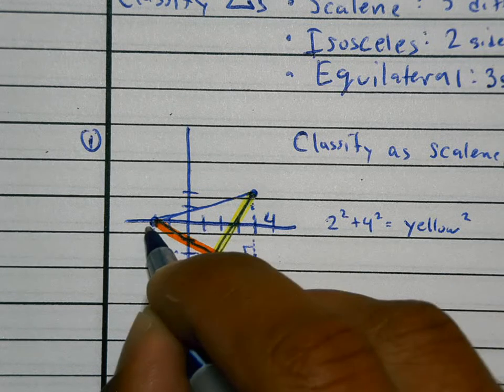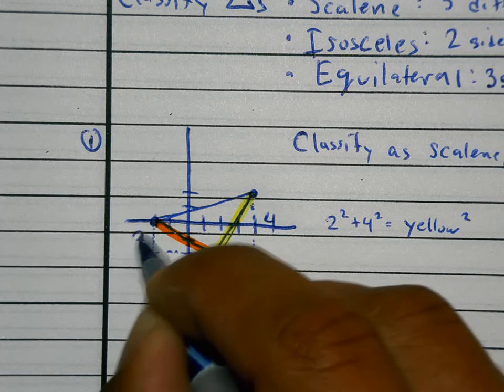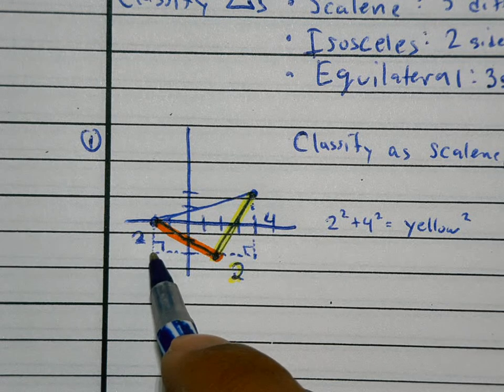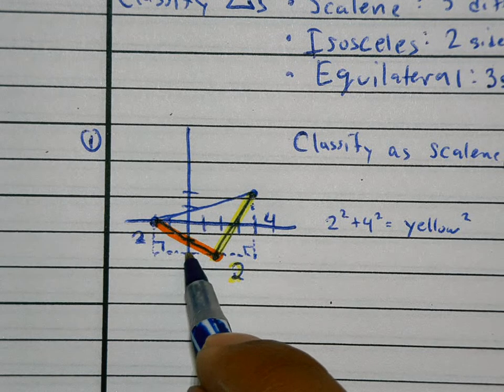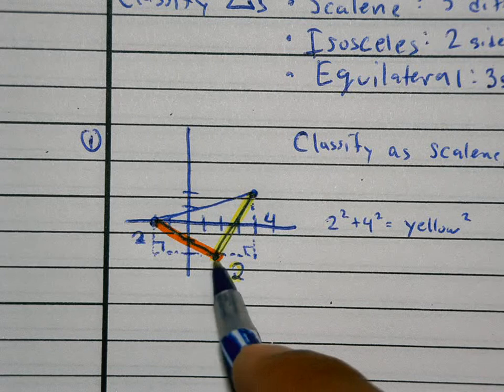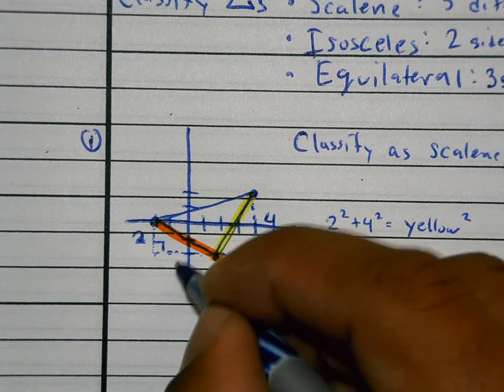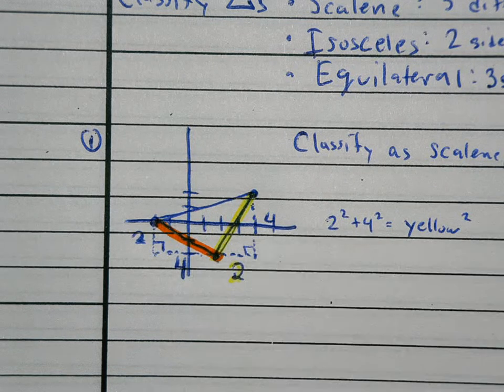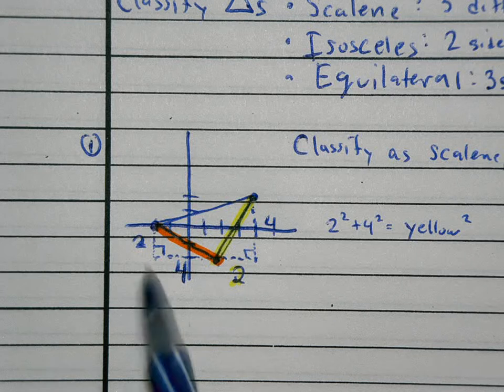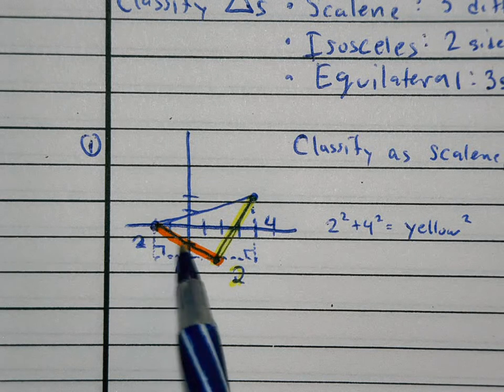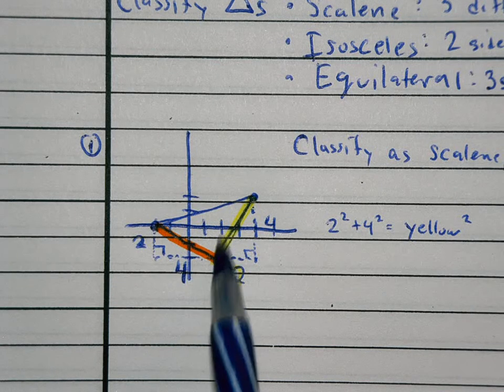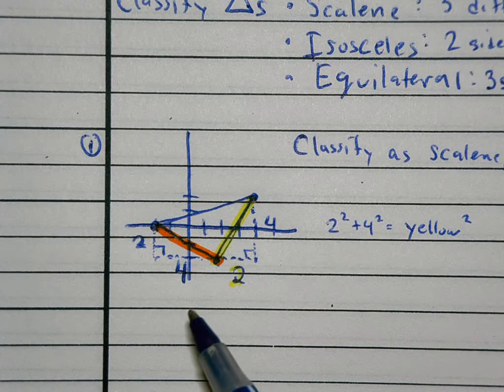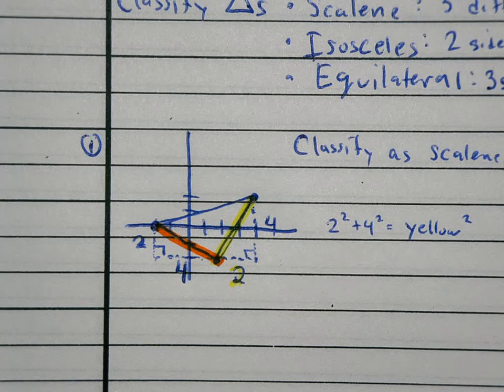And I know it goes down 2 units here, 2 units there. And then how far over does it go? It goes 1, 2, 3, 4. Do you agree with that? When we count it over, 1, 2, 3, 4. It's under 2, comma, negative 2.